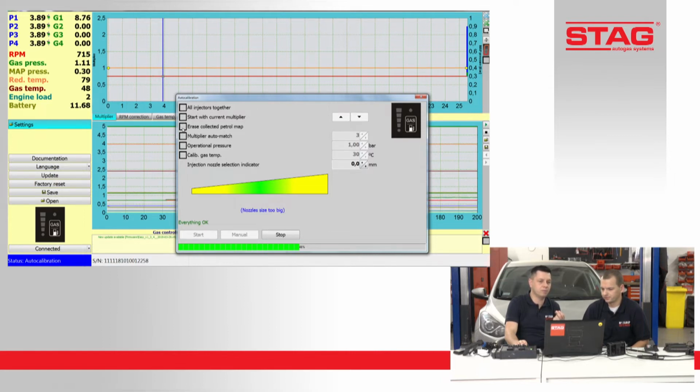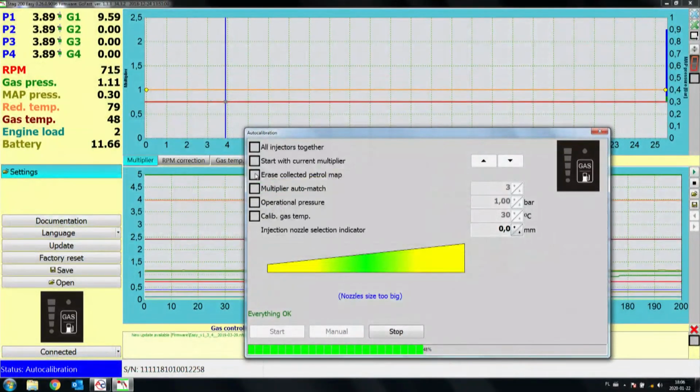Erase collected petrol map means erase collected petrol map. Yes, if the controller has in memory the petrol map, the injection of the petrol, you can mark erase collected petrol map, so the system will start from the beginning. Yes, we do not have information about the petrol. We can gather information a little bit later.